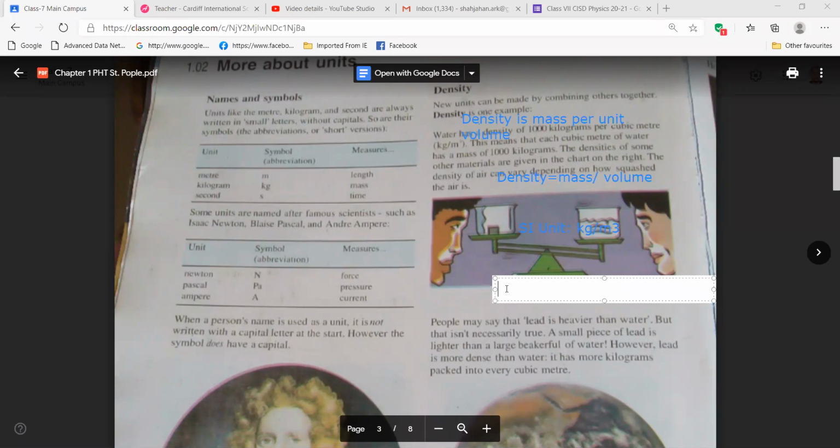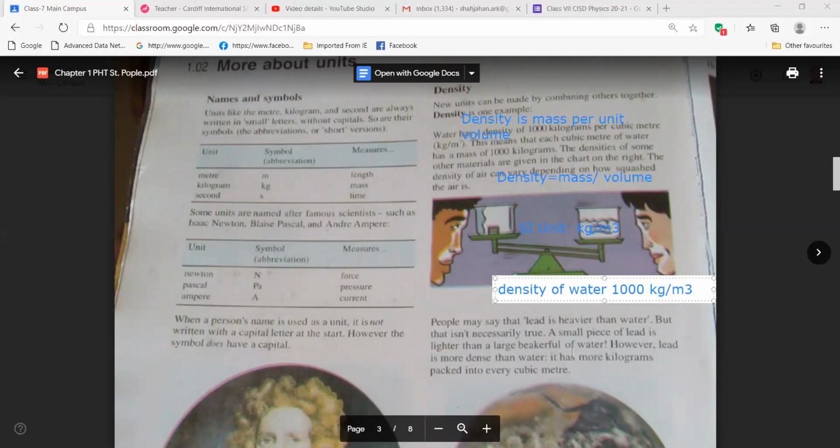So we have here the density of water, how much? 1000 kg per meter cube. You remember it, okay?